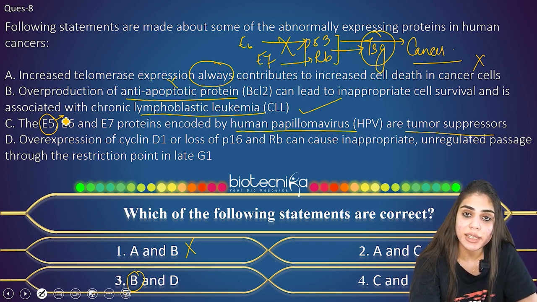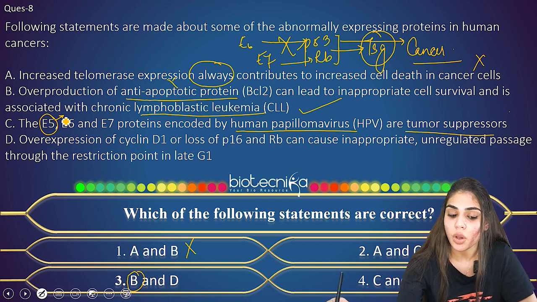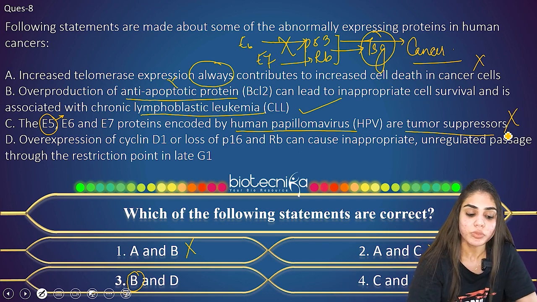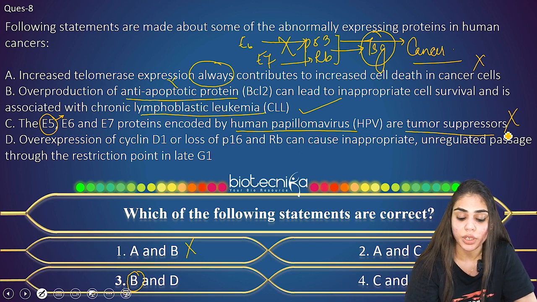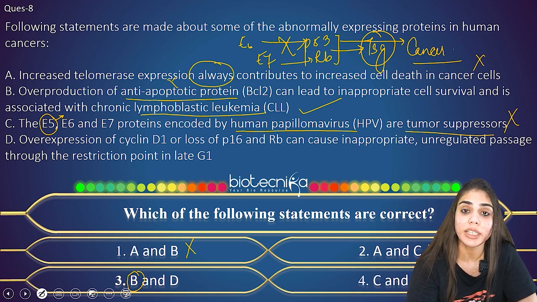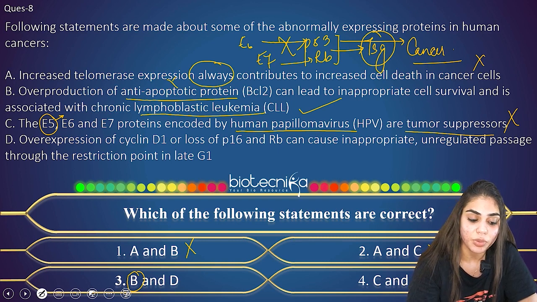No, only E6 and E7 are tumor suppressors, as they are suppressing p53 and retinoblastoma respectively. So from here, this option goes wrong. And we have seen the correct option is option D. So again, this option goes wrong. So now we have ultimately reached the right answer, that is option 3.